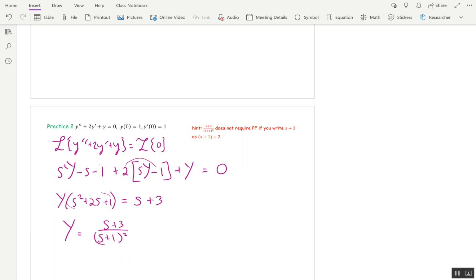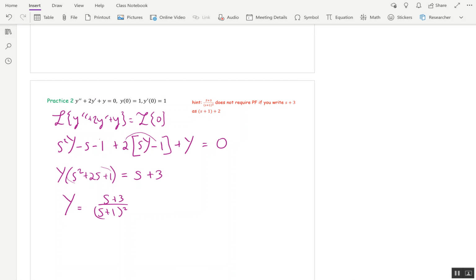All right, now I'm going to want to take L inverse of this, so I'm going to rewrite this to avoid doing partial fractions as s plus 1 over s plus 1 squared plus 2 over s plus 1 squared. Because 2 plus 1 is 3, so that's certainly true. But now the nice thing is I can find L inverse of this piece, and then on this piece, one of the s plus 1s cancels.